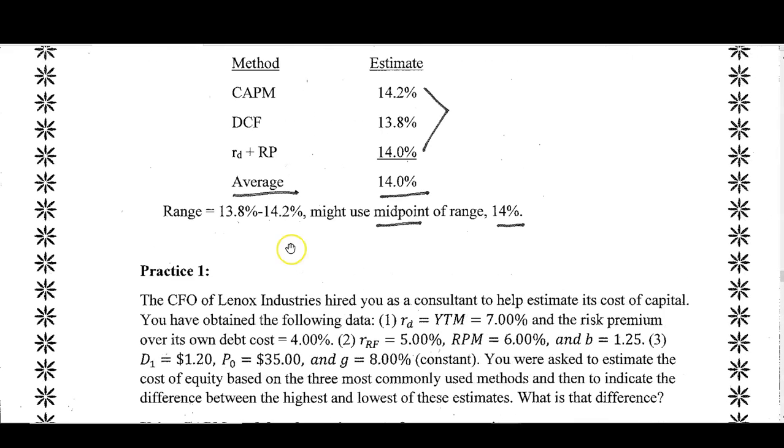Practice question. We have another firm called Lennox Industries. It hires you as a consultant to help estimate its cost of capital. You have obtained the following data. Cost of debt, RD, equals yield to maturity equals 7%, and the risk premium over its own debt cost is 4%.